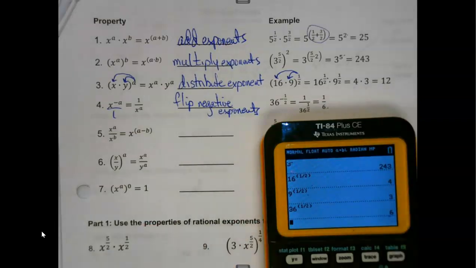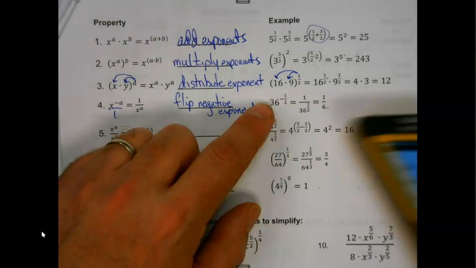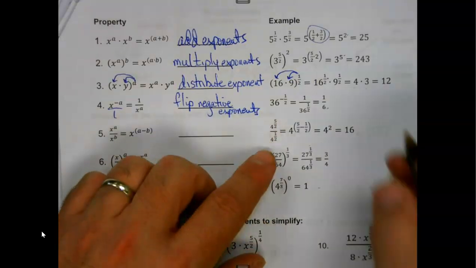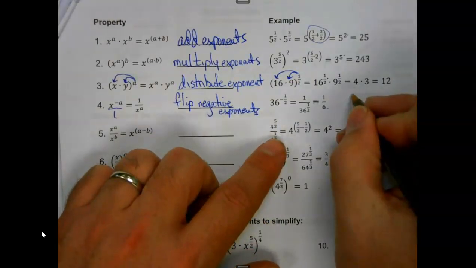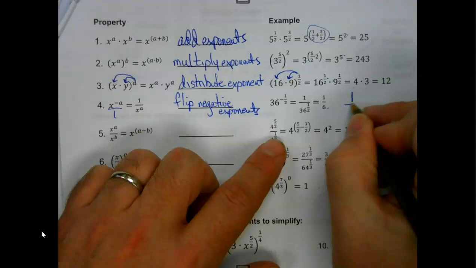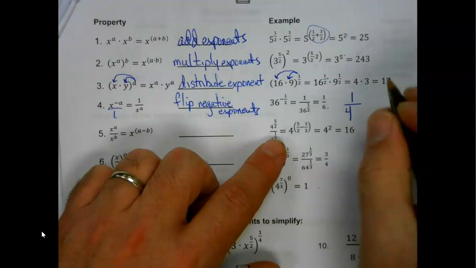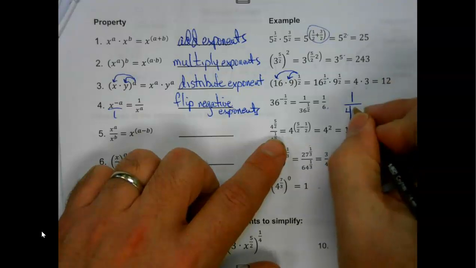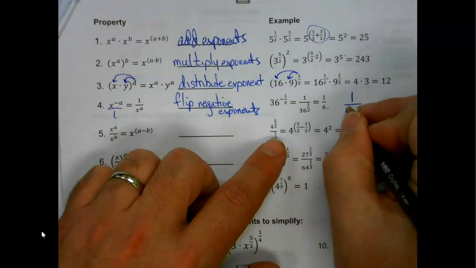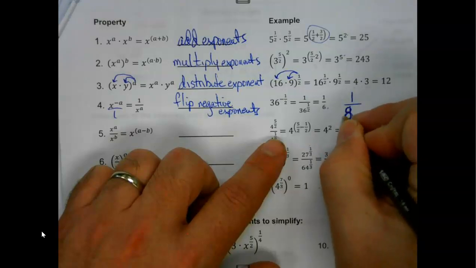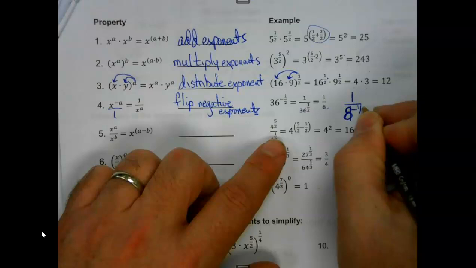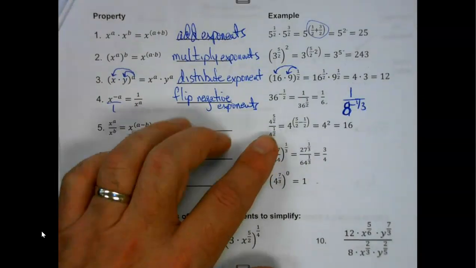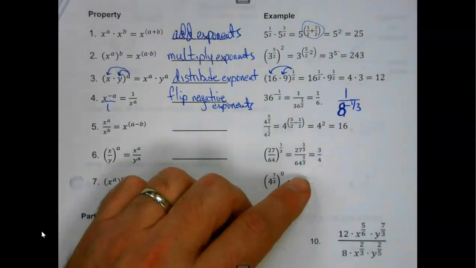But we're going to put one more example in here with it, because I want you again to know if you have something weird like 1/8 to the negative 1/3, it will really get kooky here.